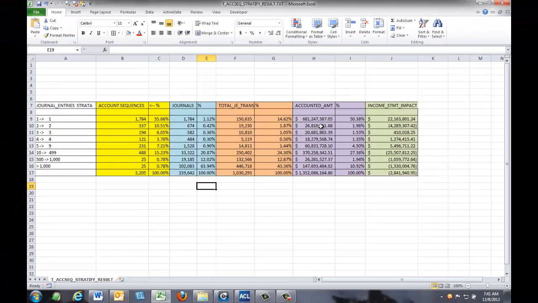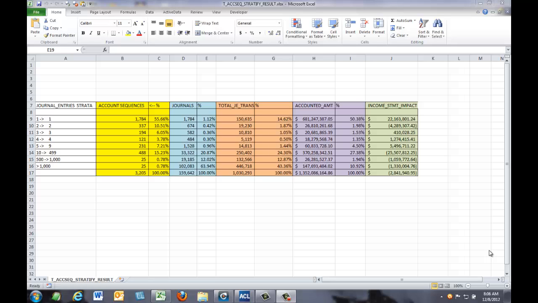You're probably going to get about 80 or 90% coverage of not only the transactions, but really those transactions that are more risky, and especially taking a look at unique journal entries that tend to be more of a risky area. You could then focus in on what are the unique journal entries that impact the income statement or have a large amount to them or hit accounts that you're most interested in.